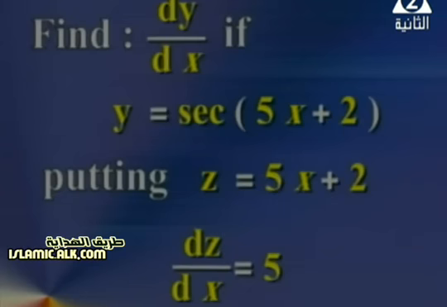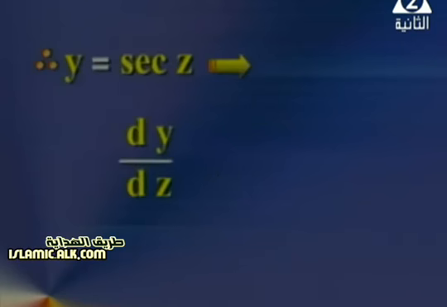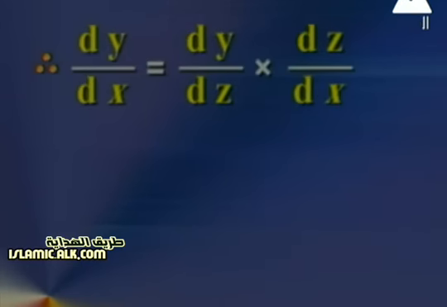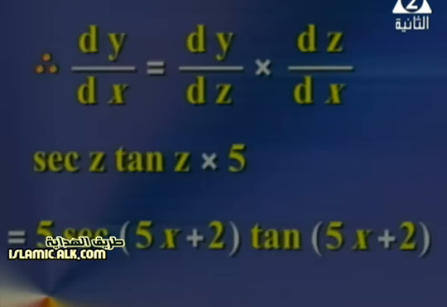Then when we find y equals sec of (5x plus 2), we put z equals 5x plus 2. After that, we find dz over dx equals 5 only. After that, y equals sec z, so dy over dz equals sec z tan z. Therefore, dy over dx equals dy over dz times dz over dx. Sec z tan z times 5 equals 5 sec z tan z.